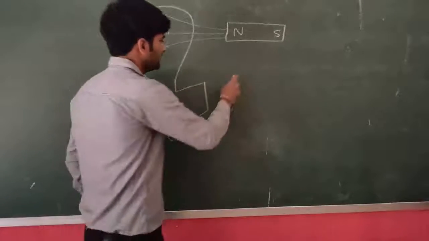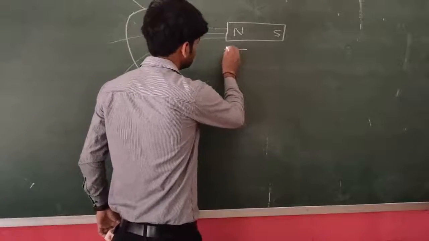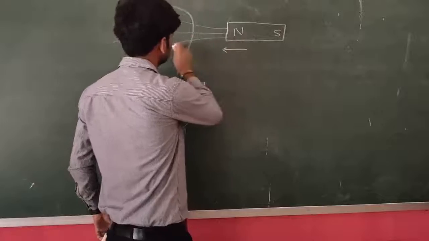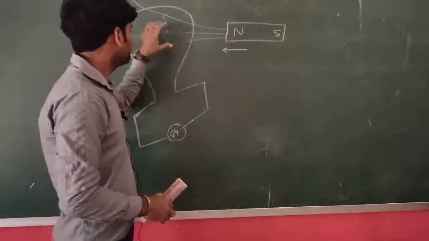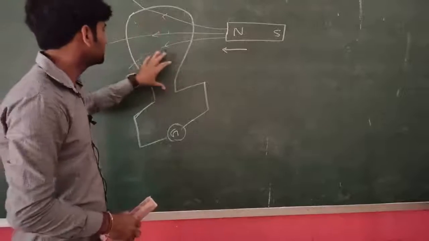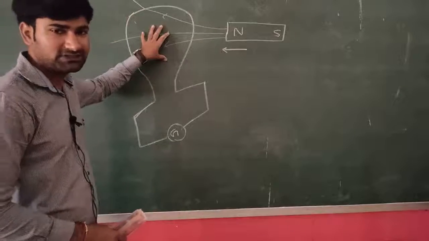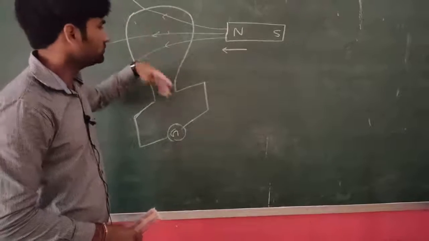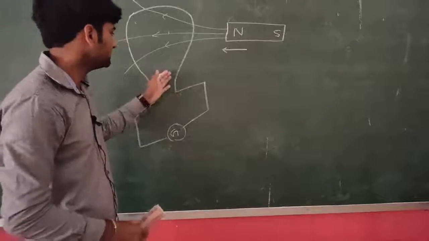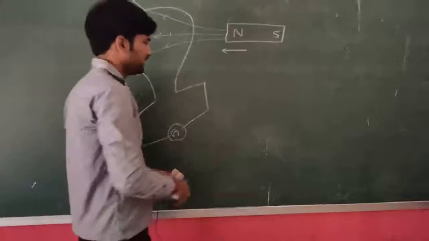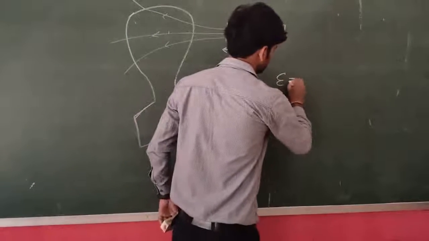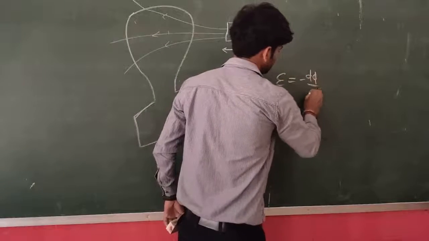If we move the magnet towards this coil, then magnetic flux through this coil will change, and according to Faraday's law, changing magnetic flux produces an EMF, and its value is E equal to minus d phi by dt.